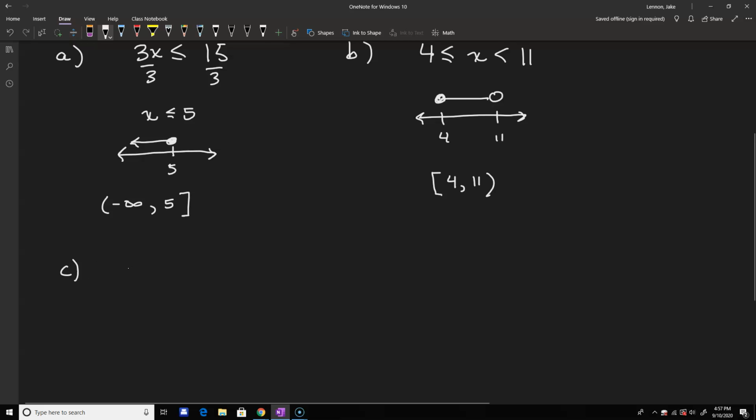Let's say something like 10x plus 2 is greater than 42. We would solve this inequality by subtracting 2, so we'd have 10x bigger than 40. Then we would divide by 10, so we end up with x is greater than 4.